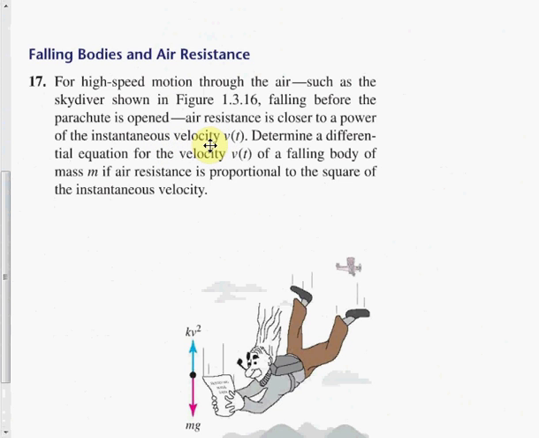So the resistance repelling up against the ma, so it's ma minus some resistance, is said to be directly proportional to the velocity squared. Can you determine the differential equation that illustrates that? So that's numbers 15, 17.